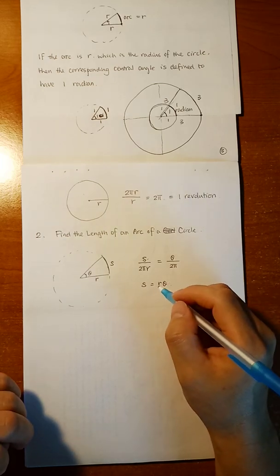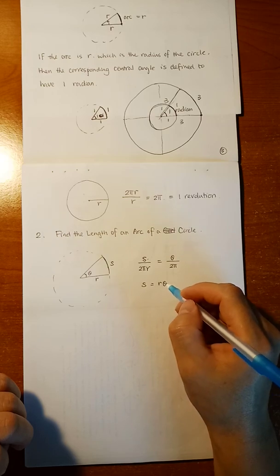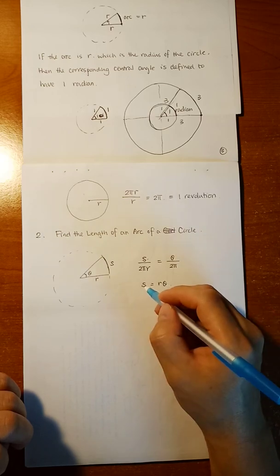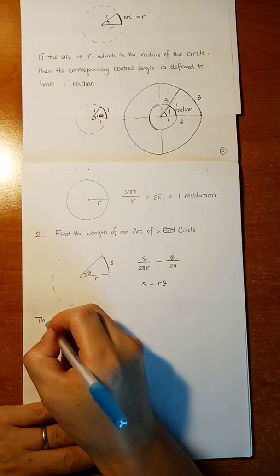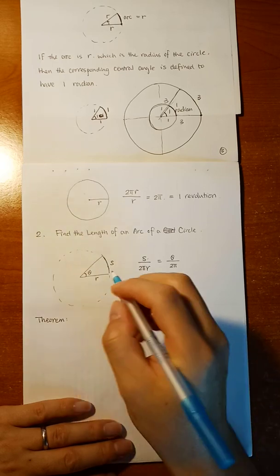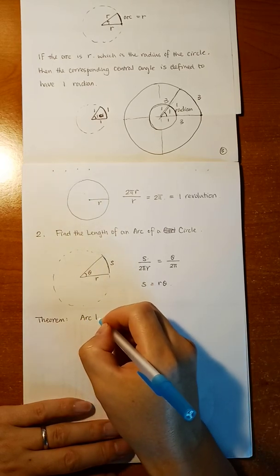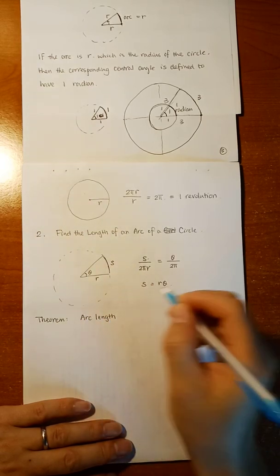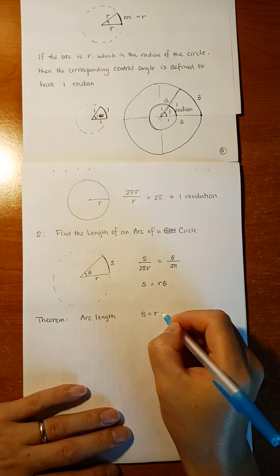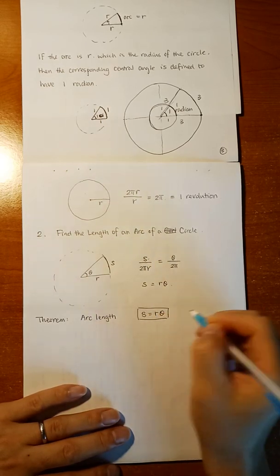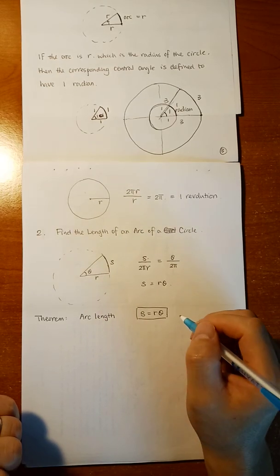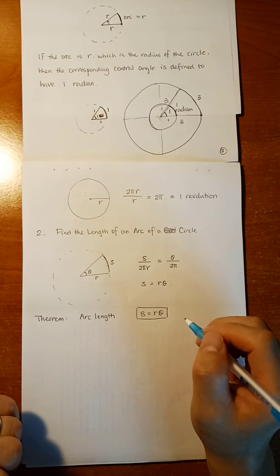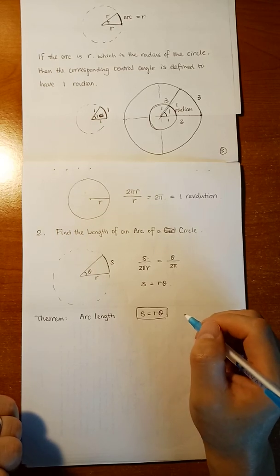So this is the arc length. If you know the angle in radians, you can find the corresponding arc length. Radian times radius is arc length.